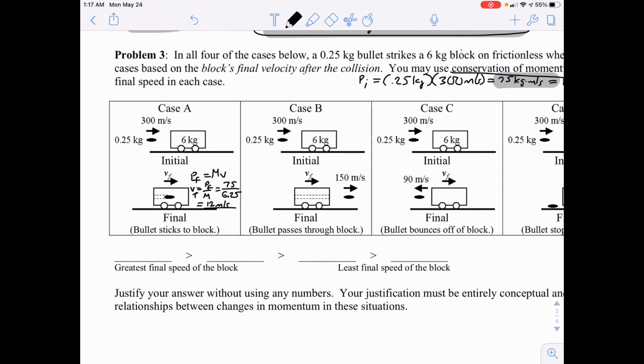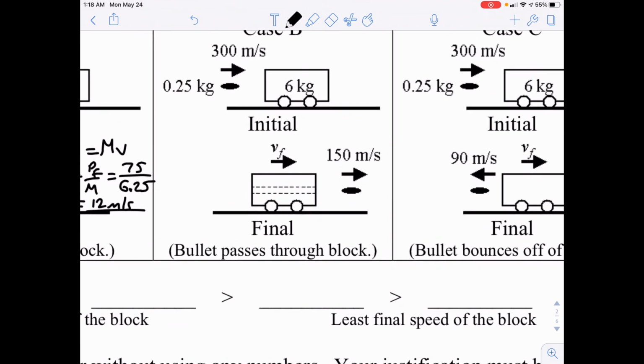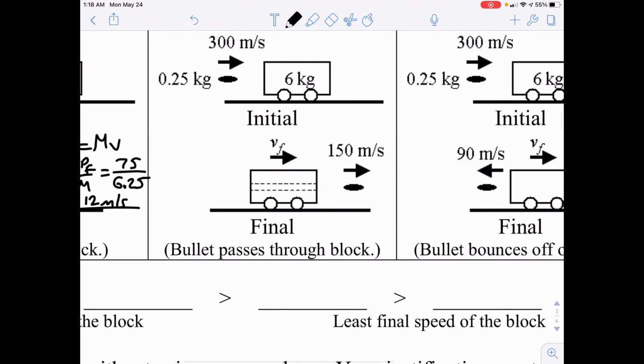Now, in the next case, again, the final momentum is still got to be 75. It's got to be equal to the initial momentum. Now, here's how we find that. In this case, the bullet passes through the block.